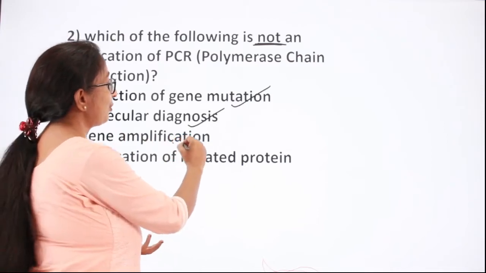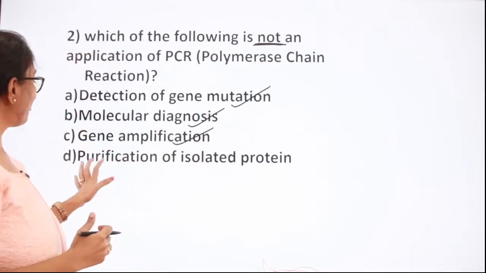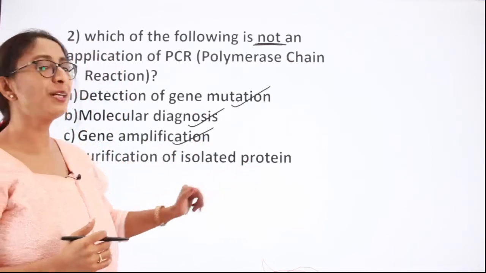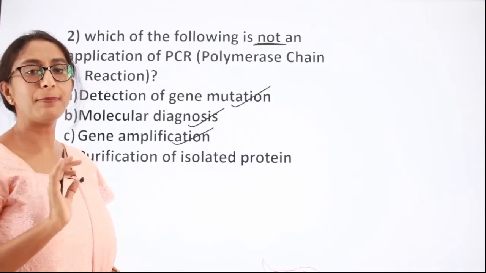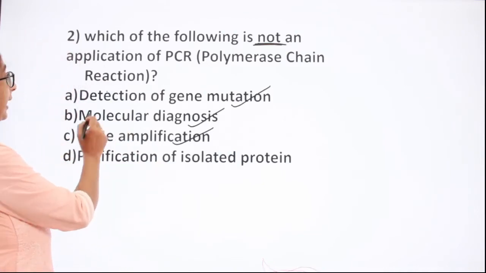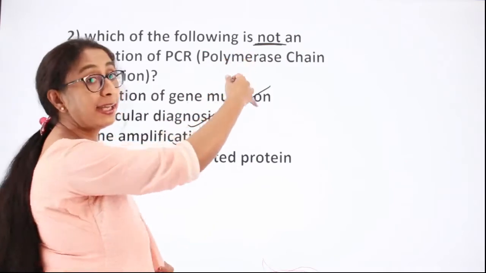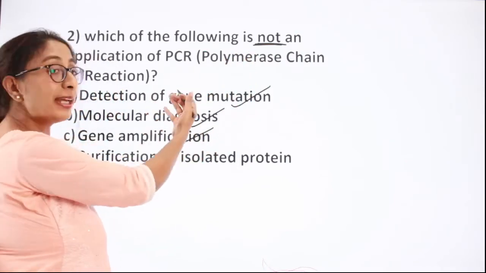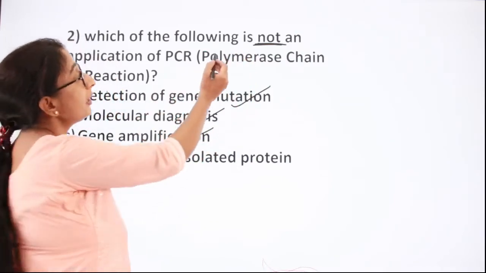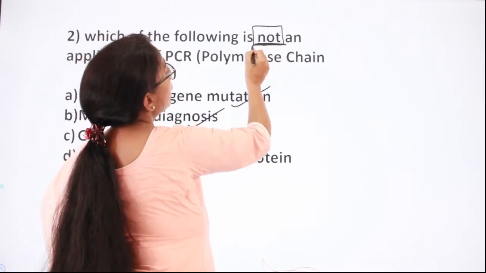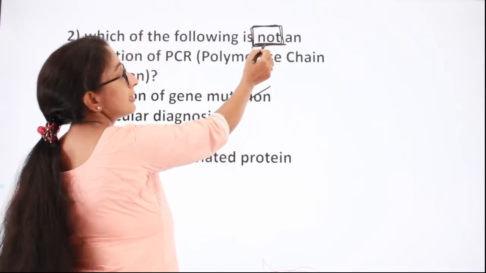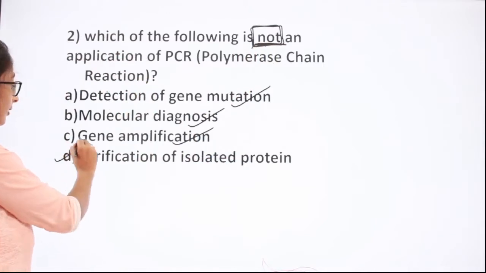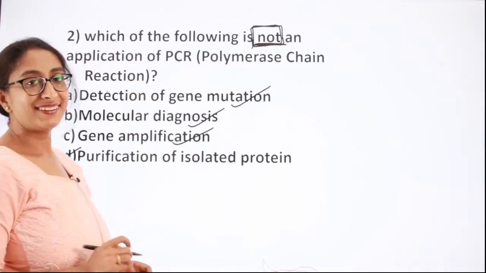That itself is polymerase chain reaction. So finally, purification of isolated protein. No, that is not an application of PCR. So which is the right answer here? Here they are not asking which are the applications of PCR. They are asking which of the following is not an application of PCR. So keep this in mind. So D will be the right answer. Got it?